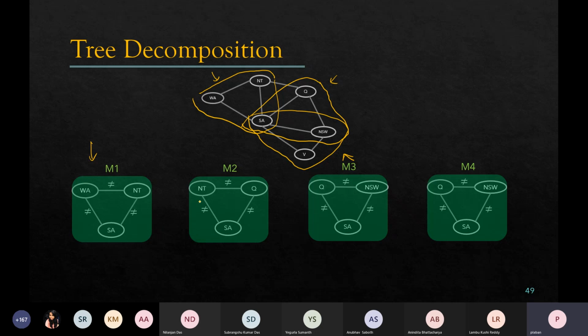But one thing that we need to keep in consideration, whatever values that we are assigning to NT and SA for M1, the same value should be assigned to NT and SA in M2, which is a neighbor to this, right? Whatever value that you are assigning to Q and SA in M2, that should be same to values that you are assigning to Q and SA in M3, so on and so forth.